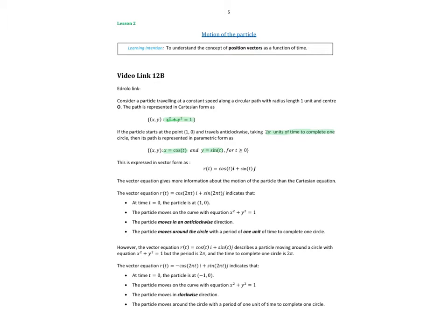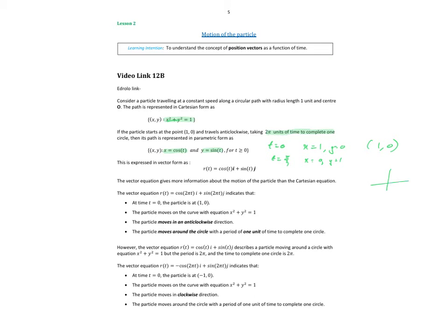Don't forget, if I put t equal to 0, I'd have x equal to 1, y equal to 0, so there's my starting point. We take 2 pi because that's the period of our graph. If I put t equal to pi on 2, so 1.5 seconds later, I'd have x equal to 0 and y equal to 1.